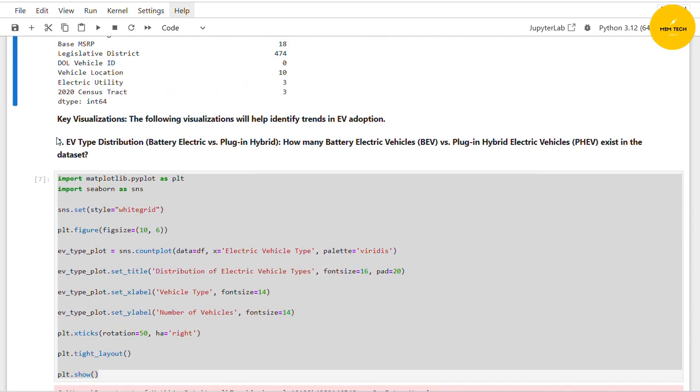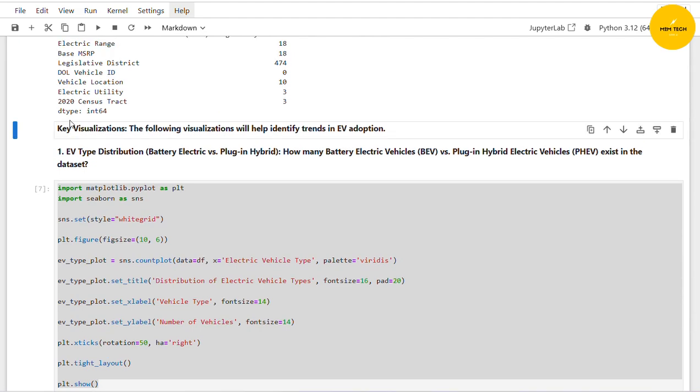Now there is the main part of the analysis. Our target was to visualize the different features and information about the electric vehicle dataset.